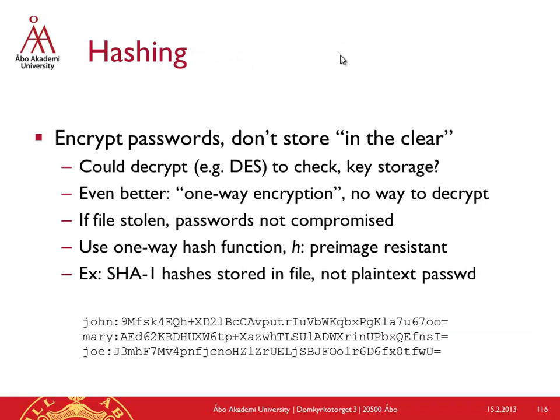For this reason, in most modern information systems, passwords are not stored in plain text. Usually a special technique named hashing is used to encrypt these passwords in a so-called one-way manner.